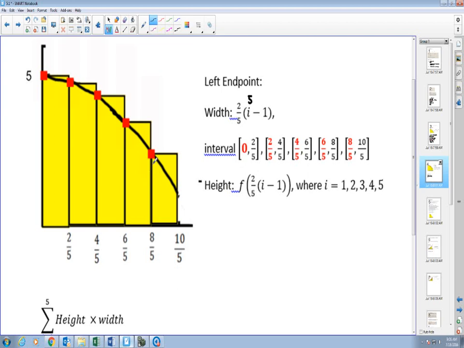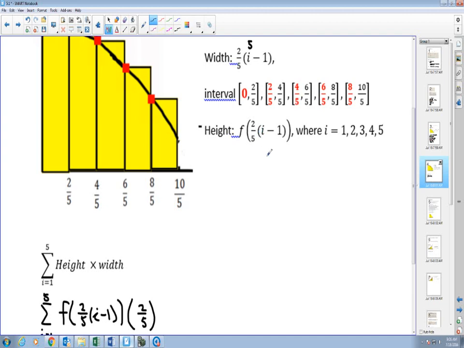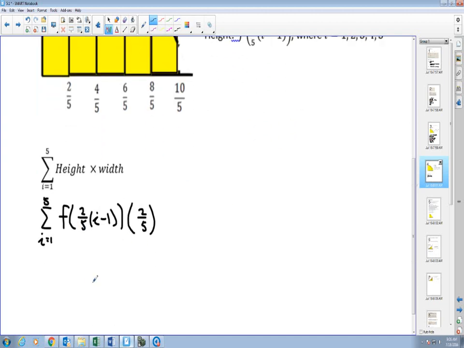So we take the 8 over 5, the left endpoint, the very last one, and we substitute it into the function. I still write 2 over 5 times i minus 1 for my height. Substitute 2 over 5 times i minus 1 back into the function.